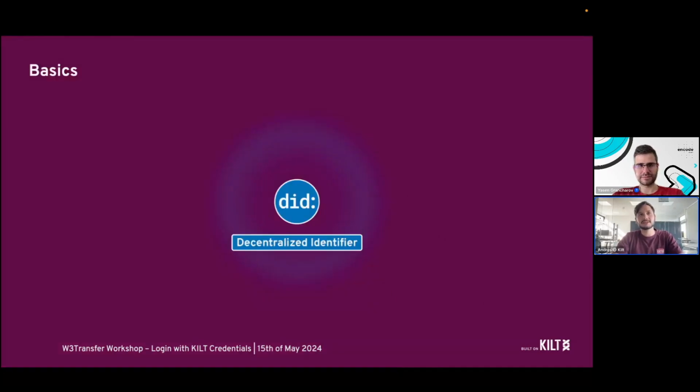DIDs, decentralized identifiers. What are those? So there is a reference. It's a long string of letters and numbers representing that reference to a document on the chain.